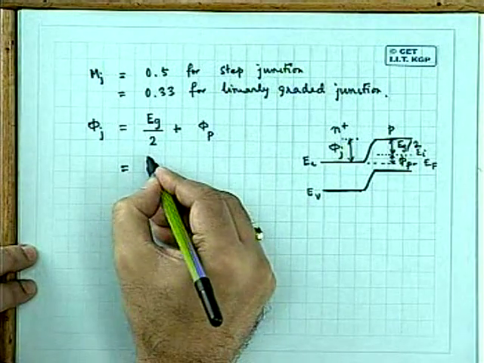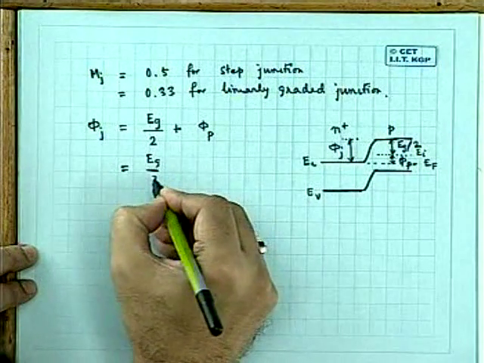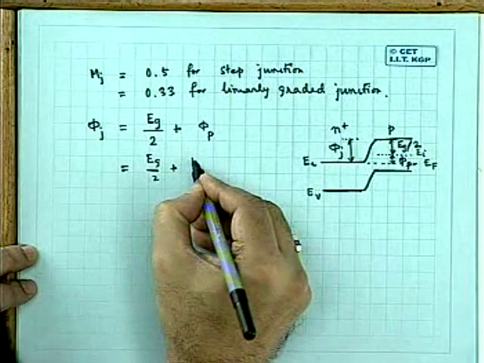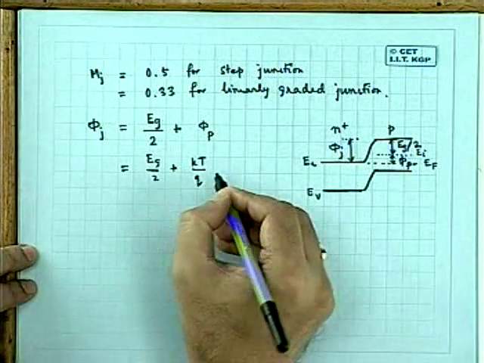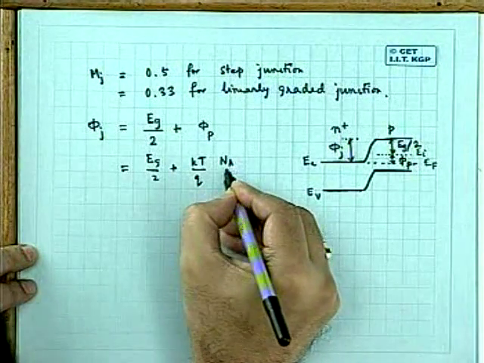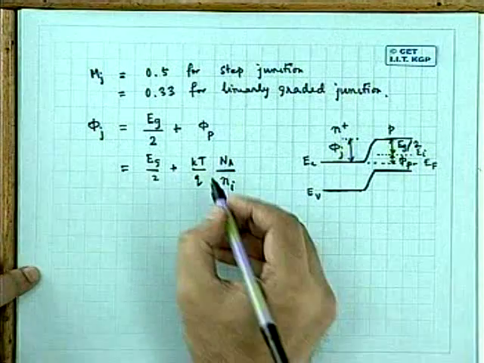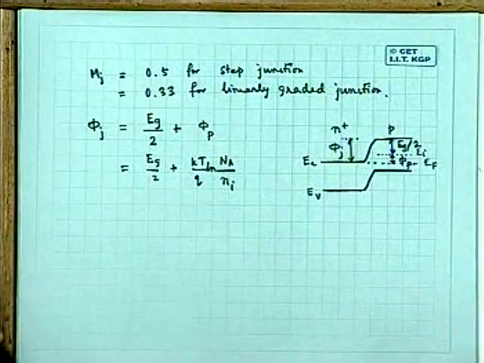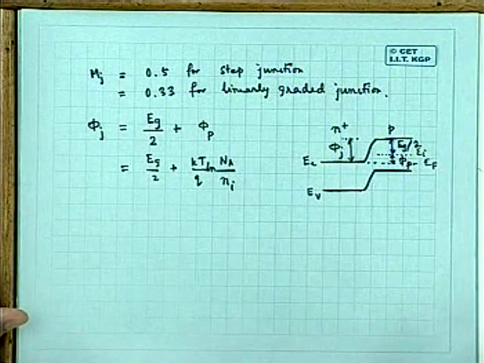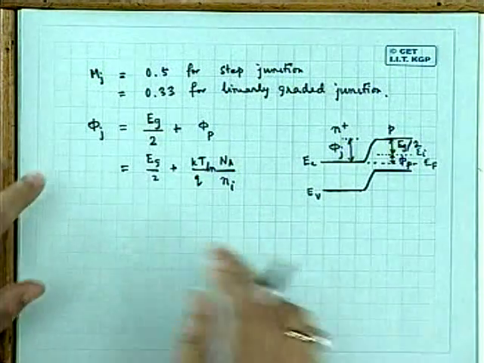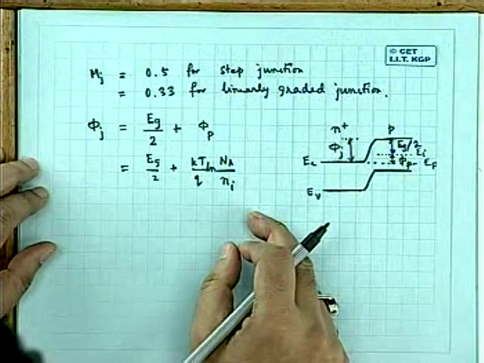That means Eg by 2 plus kT by q into ln of Na by Ni. That's how phi j is modeled.